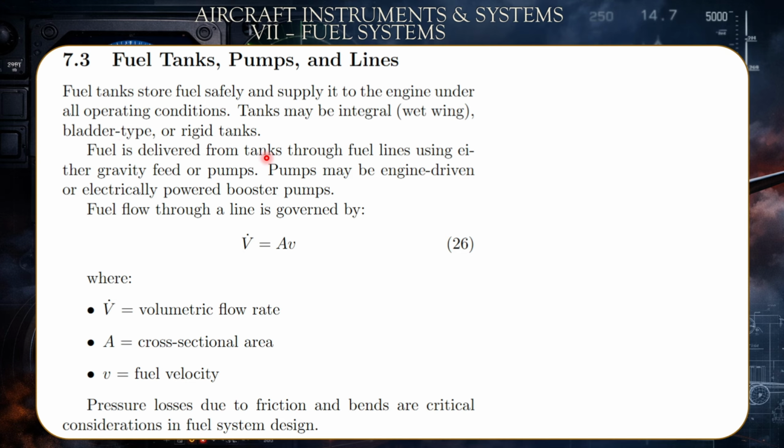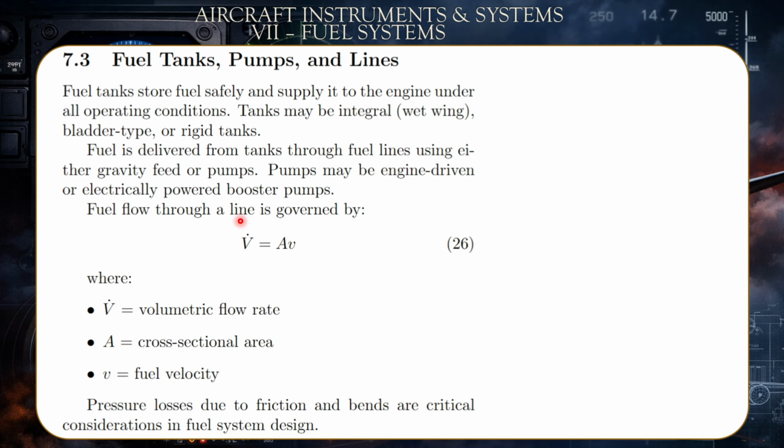Fuel is delivered from tanks through fuel lines using either gravity feed, so by dropping the fuel, in the case when the wings are above the engine, or pumps to deliver the fuel to the engines, okay? Because in case they are at the same level, you need the pumps to drive the fuel needed for the motors. Pumps may be engine driven by the engine itself, or electrically powered booster pumps, standalone pumps.